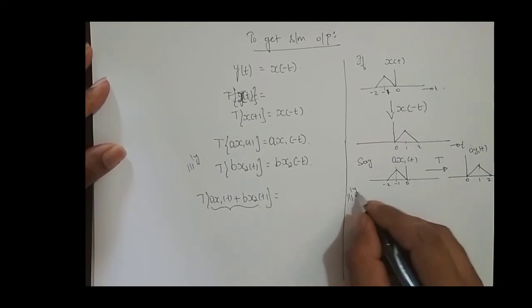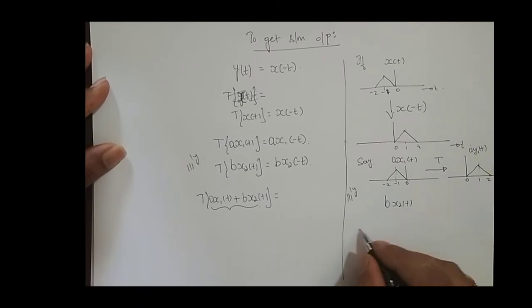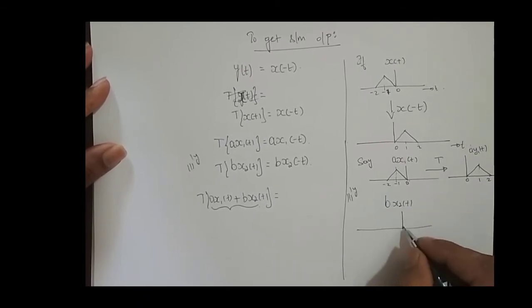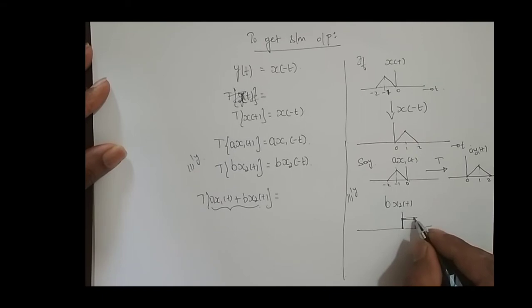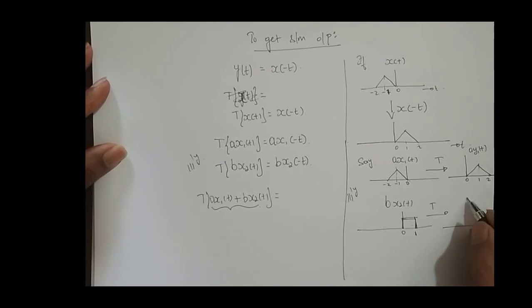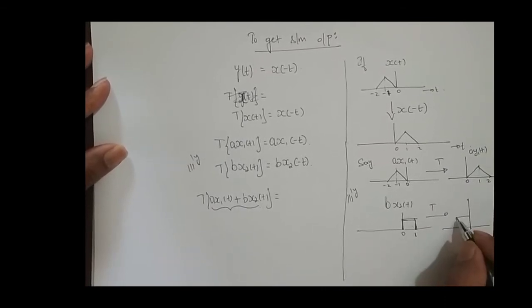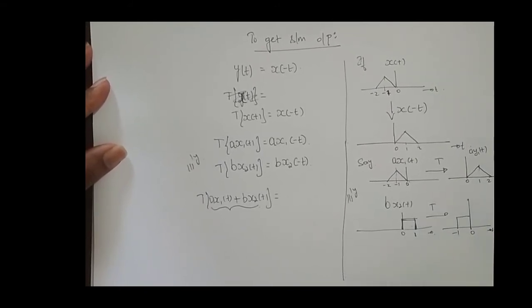Now similarly, if I feed b times x2 of t to the system, let us assume that it is something like this. It's a rectangular pulse, 0, 1. If I feed it to the system, what am I getting? So this scaled, time reversed version of this, it is like this, 0, minus 1, right?